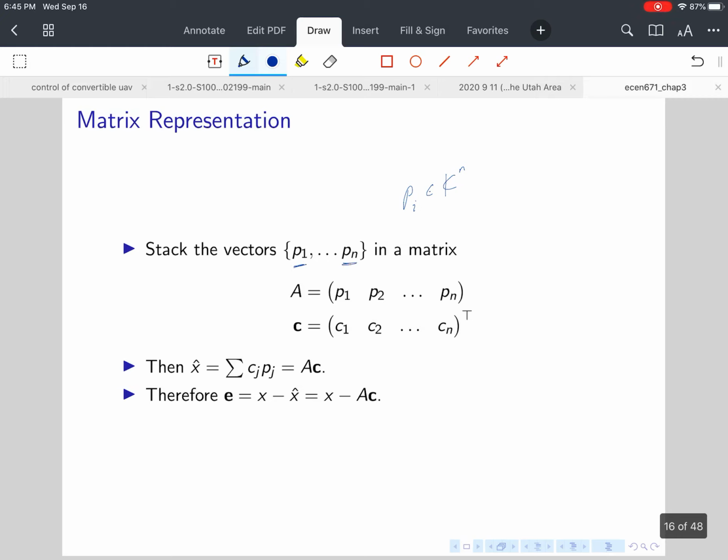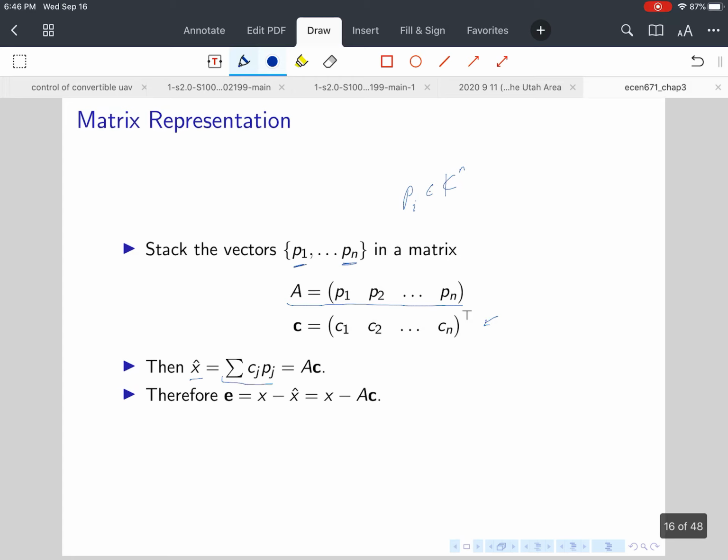So if we go ahead and stack these vectors, suppose these are all column vectors of dimension n, we can stack all of those into a matrix. So P1 is the first column, P2 is the second column, Pn is the last column. And then our coefficients we write as a column vector again.